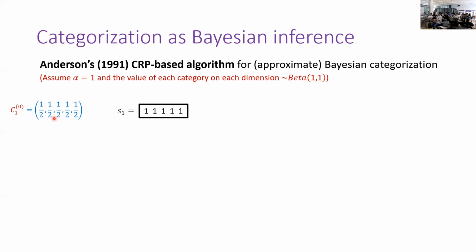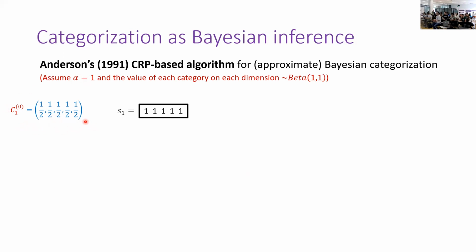I'm just trying to be sure whether you understood all of this. This page will just illustrate how these computations happen in exactly the Anderson way.